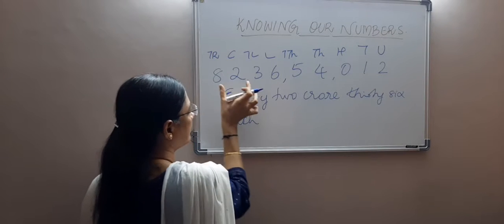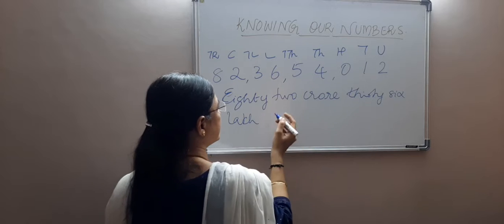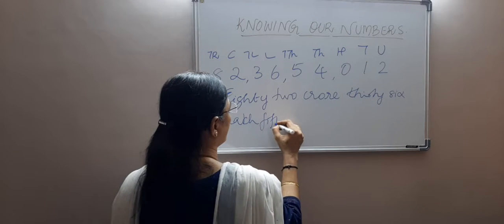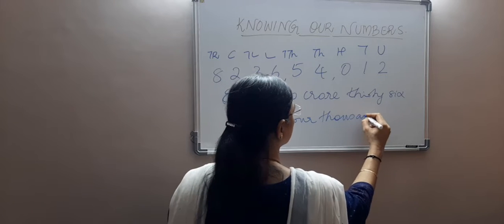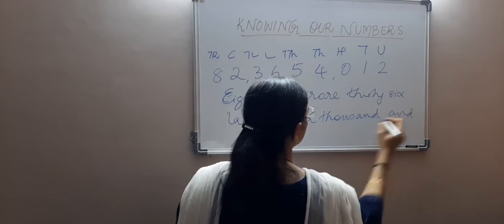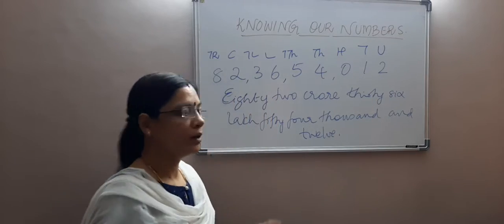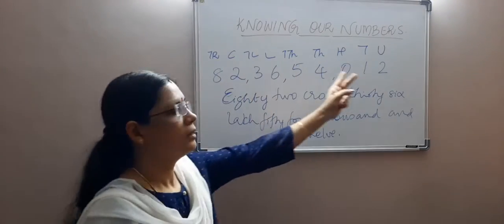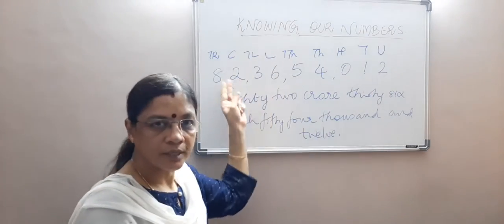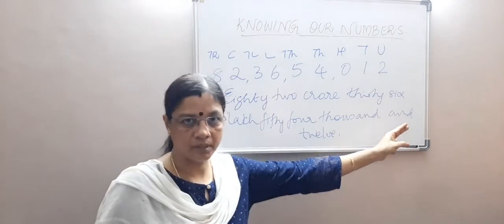Just read the number here with the place value. 36 lakh 54,000 and 12. Just 12 because we don't have any number in the hundreds place. We write just 12. So now do you understand how to name the number? Up to 10 crore I have written. So you have named the number, isn't it?